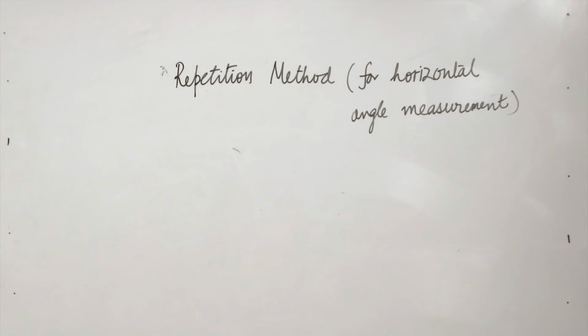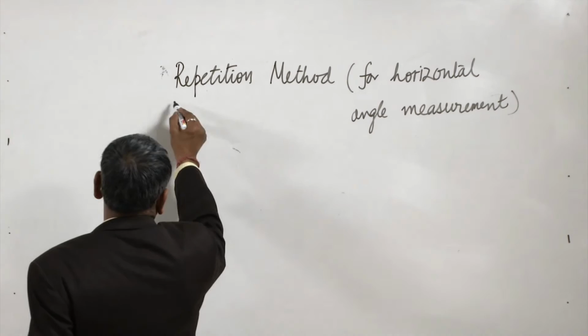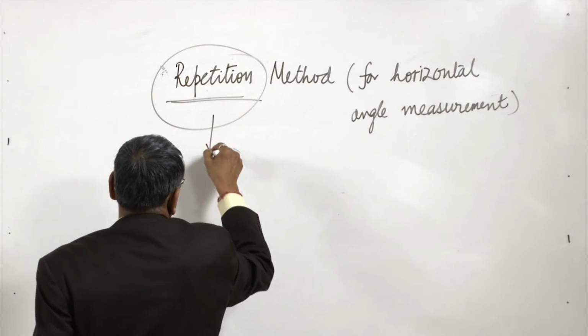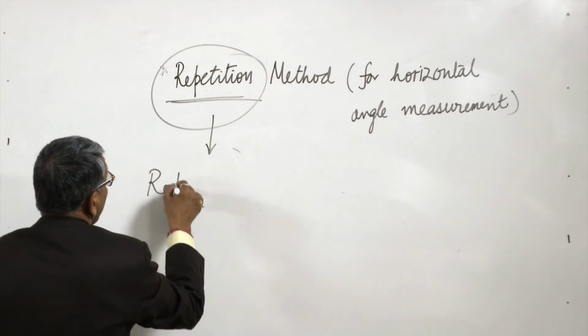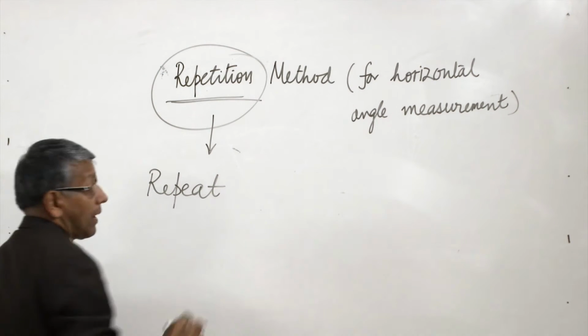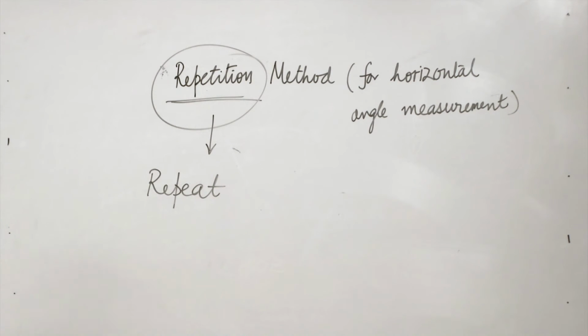By the name itself you can understand, method means repetition. We will repeat the measurement of horizontal angle of the same angle a number of times.